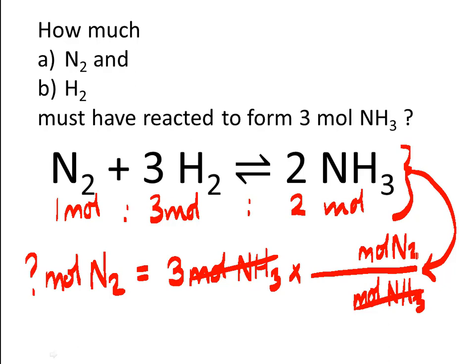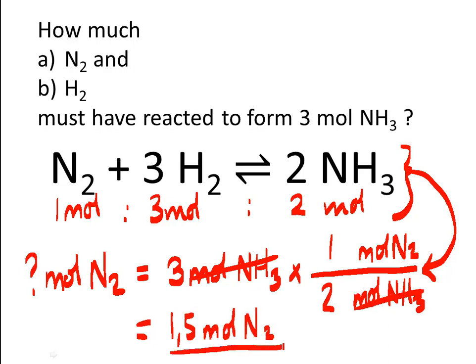And we know that the reaction ratio between them, as given by the balanced equation, is that we need 1 mole of nitrogen for every 2 moles of ammonia that are produced. So our answer is 3 divided by 2, which is 1,5 moles of nitrogen. We need 1,5 moles of nitrogen to produce 3 moles of ammonia.